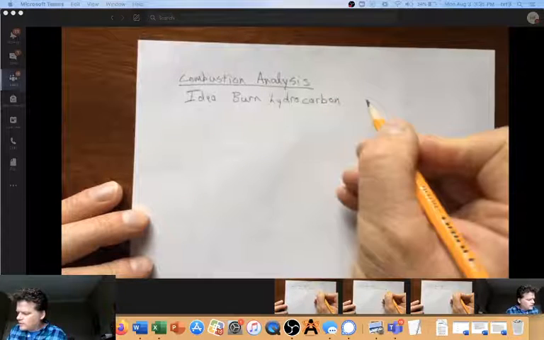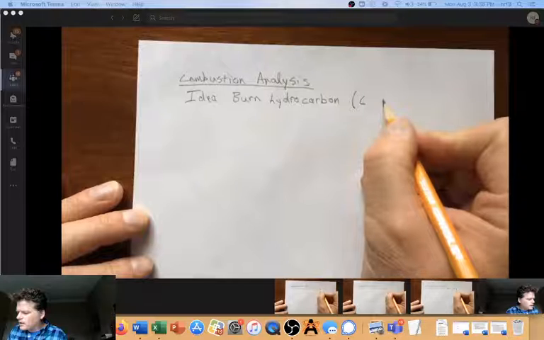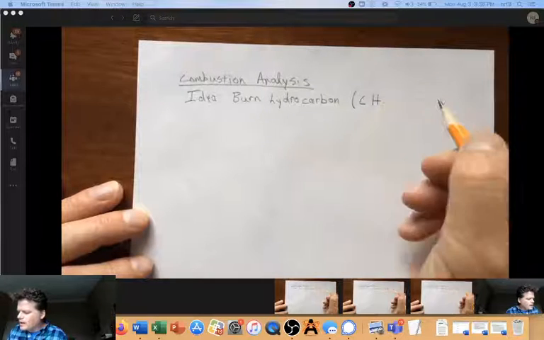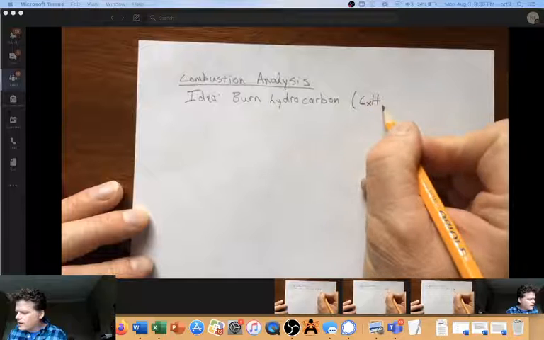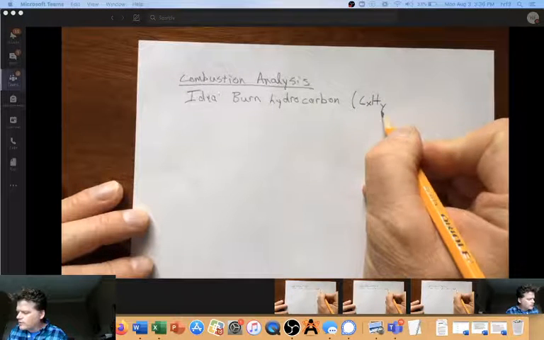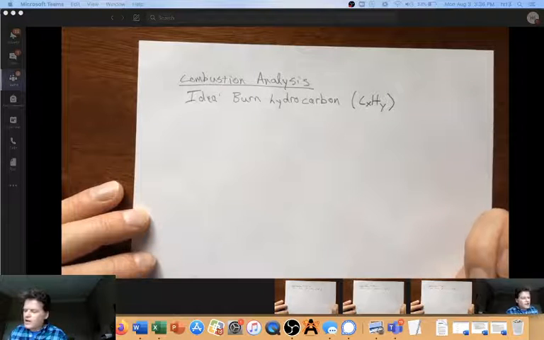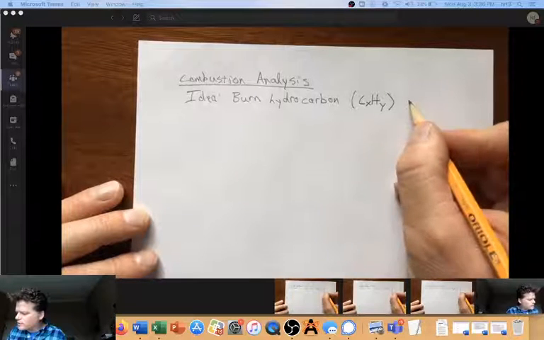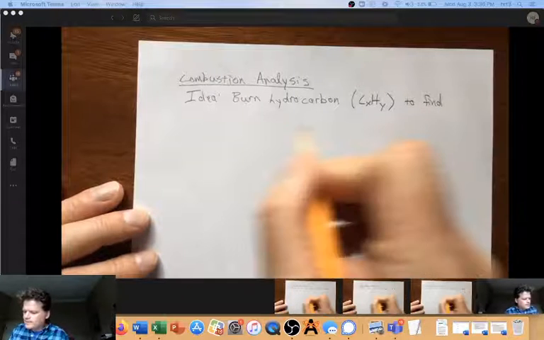Guess what two elements are in a hydrocarbon? Carbon and hydrogen. And hydrocarbon is just a general term for any CxHy, where X and Y are the subscripts on the hydrocarbon. So we're going to burn a hydrocarbon to find those subscripts, X and Y.